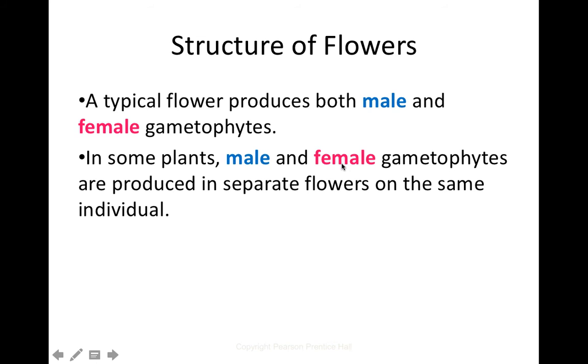So some plants have male flowers and female flowers. I think peas are a good example of that. But usually angiosperms will at least have male and female gametophytes relatively close together, at least on the same plant, so that pollination is more likely to happen.